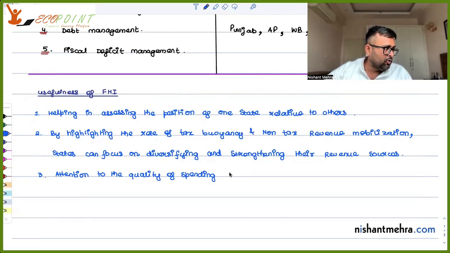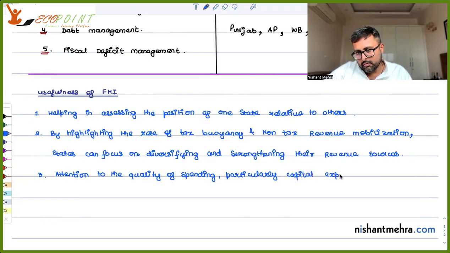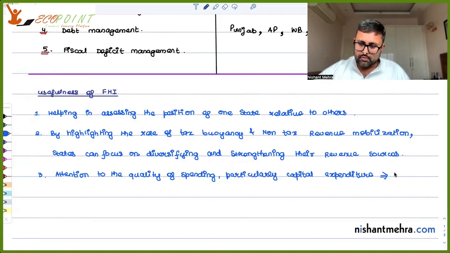Quality of spending, particularly capital expenditure. And this capital expenditure is something which is going to drive the long-term growth.